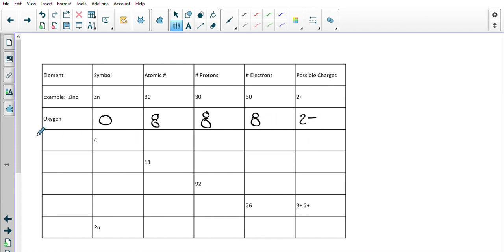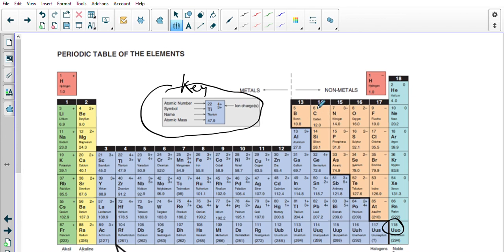Then we have C. C is carbon. And again, we go back to here. So here we have carbon. Here's oxygen. Here's carbon. How do you know where carbon is? Well, you can look on the periodic table. You can find the names and so on. A lot of times I would give you an alphabetical list of the elements, and I would help you find them as well.